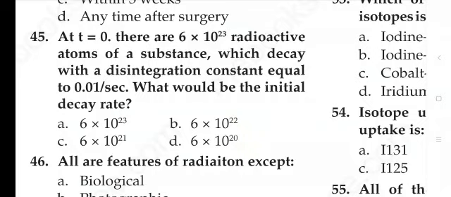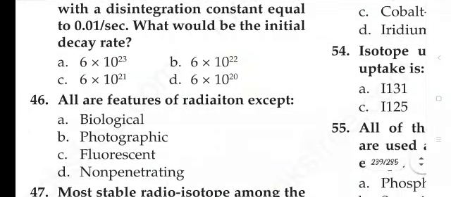So the options are option A 6 into 10 to the power 23, option B 6 into 10 to the power 22, option C 6 into 10 to the power 21, option D 6 into 10 to the power 20. So the answer of this question is option C, that is 6 into 10 to the power 21.